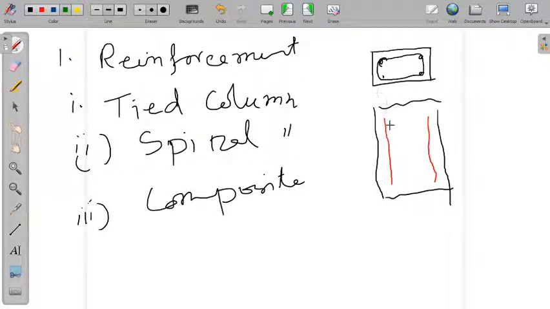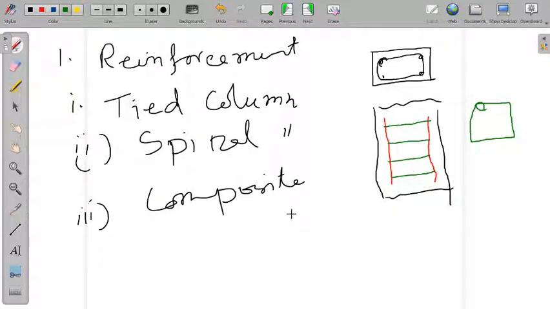Simply, in layman's language, in case of transverse reinforcement, single rings are made. This type of rings are made and joined with the vertical bars. Then this type of column is called a tied column.